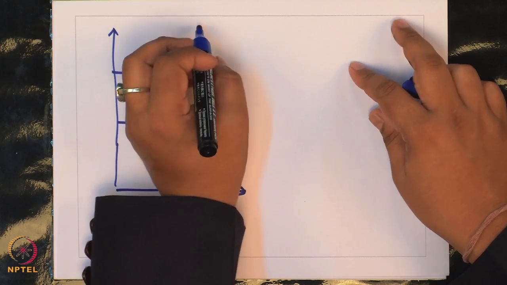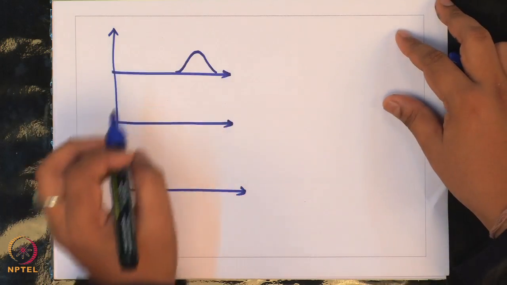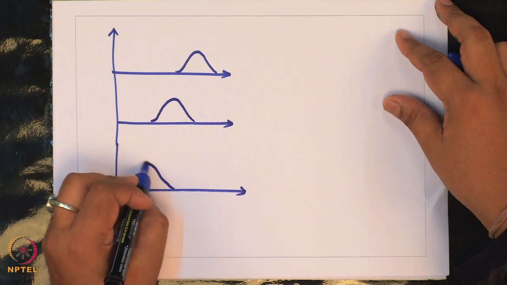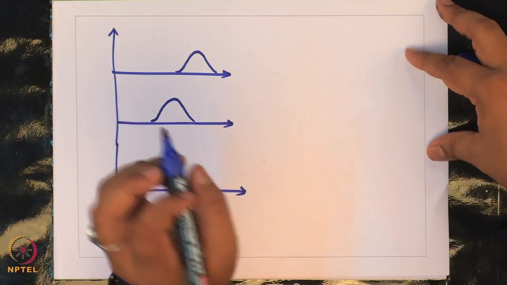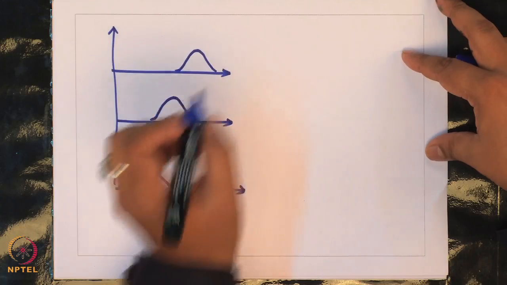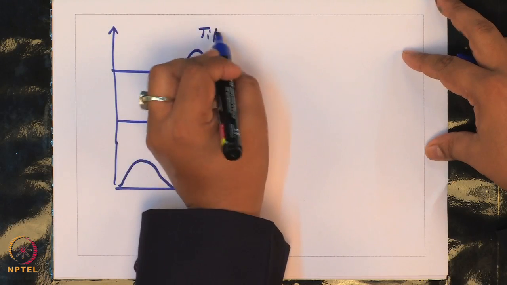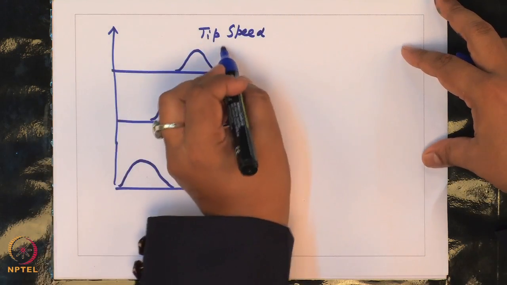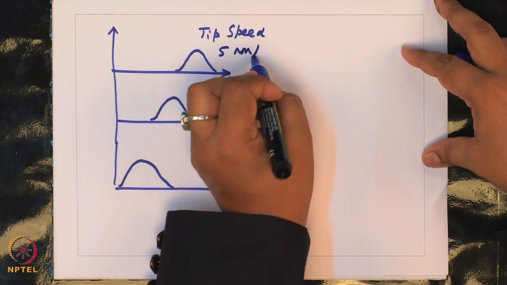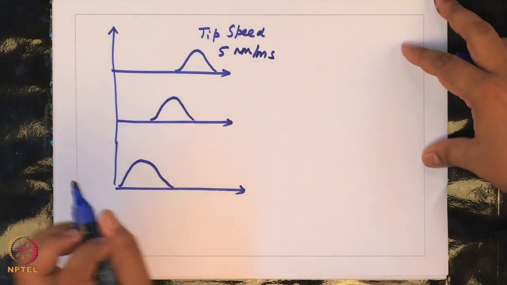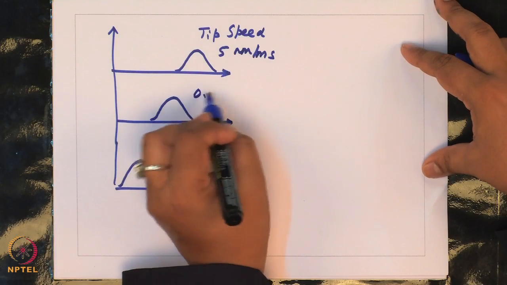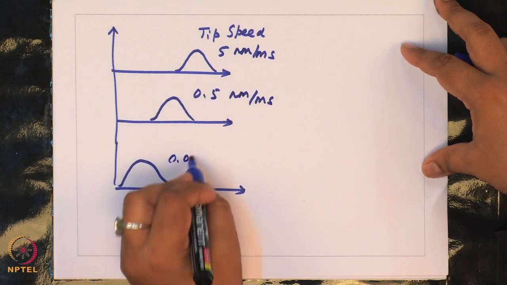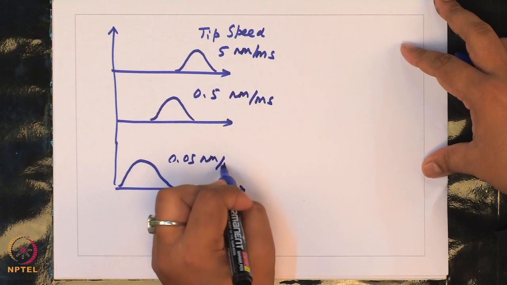This is, let us say, at a given tip speed. What you are changing is tip speed. If this is, let us say, 5 nanometer per millisecond, this is 0.5 nanometer per millisecond and this is 0.05 nanometer per millisecond.